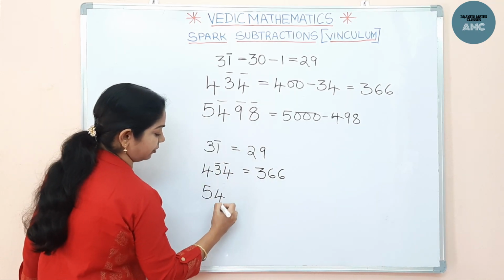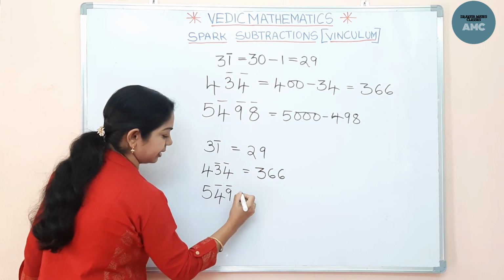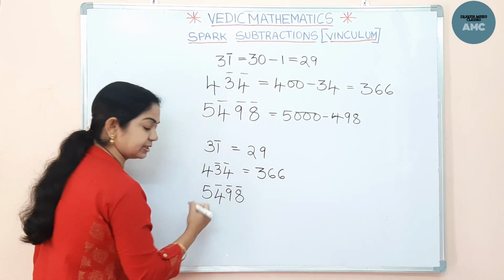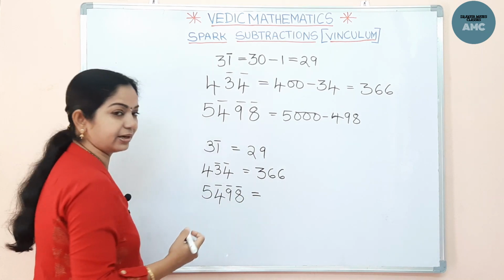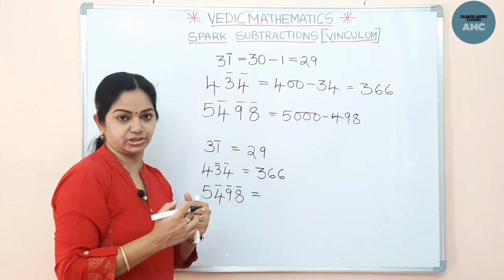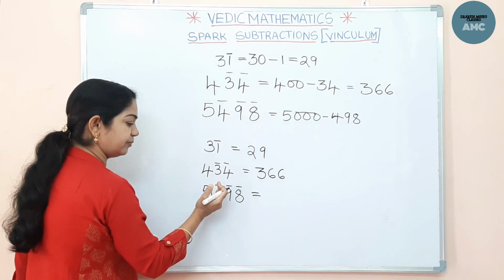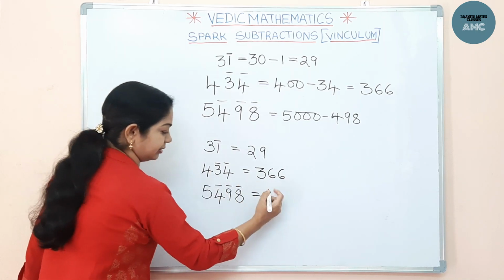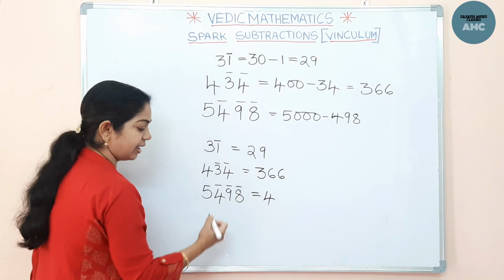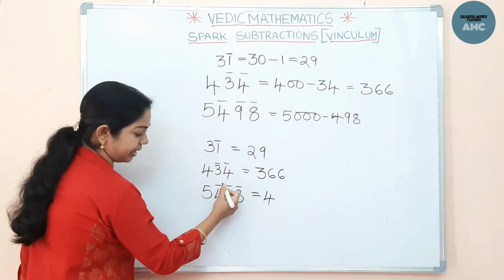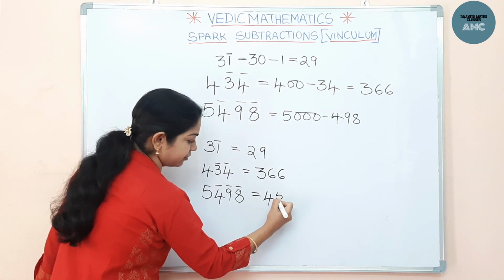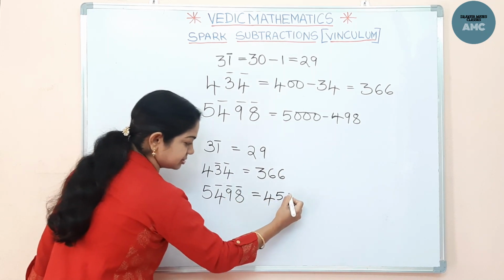Now let us take the next number which we have taken here. Okay, 5, 4 vinculum, 9 vinculum and 8. The bars are placed on 4, 9 and 8. Now how do we do this? Now I told that the vinculum is on continuation numbers. What you have to do? You have to reduce 1, so that comes to 4, and apply all from 9, last from 10. Here from 9, 4 is 5. From 9, 9 minus 9 is 0.